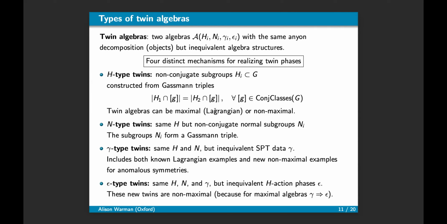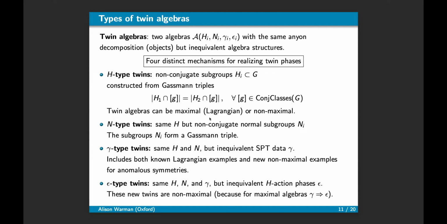And this happens when the 2 subgroups H1 and H2 form a Gassmann triple, which means that basically if we take the intersection of them with the conjugacy classes, this has the same number of elements for the conjugacy classes. This is important because remember that the anyons are labeled by a conjugacy class and a representation of the groups. So this is why the subgroups have to satisfy this property. Then we can also have N-type twins, where H is the same, but N are non-conjugate.